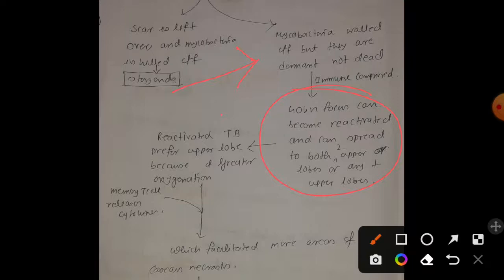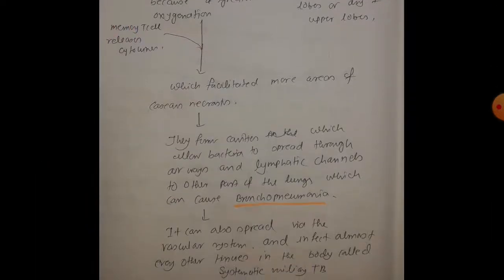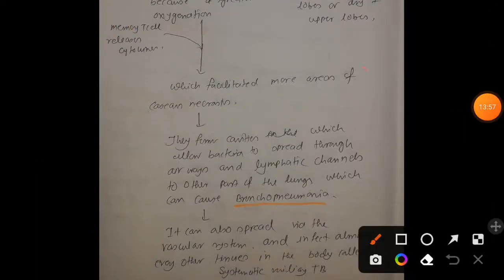They do this because the upper lobe offers greater oxygenation, and being an aerobe, that is preferable for them. The memory T cells already know about them, so they immediately start to secrete cytokines to control the situation, which facilitates more areas of caseous necrosis in the lung.